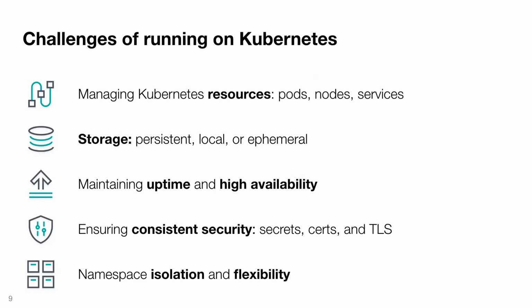You have a ton of different resources to manage: all the different pods, the nodes, services and so on, which is a lot of things to consider, not only to deploy, but also to keep upgraded. And when it comes to storage, you have a lot of different storage classes, and this becomes even more challenging.